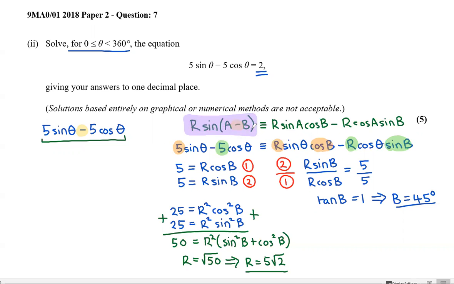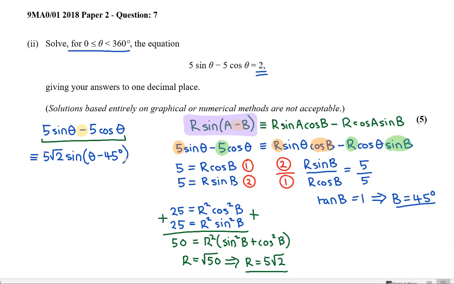We set a to equal theta earlier. So I can now say that the expression here that I started with is absolutely identical to r, which is 5 root 2, multiplied by the sine of theta subtract 45 degrees.